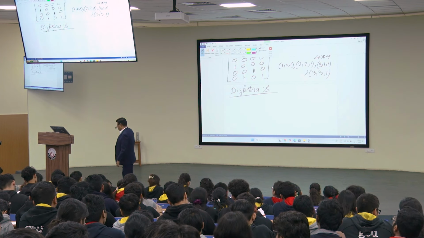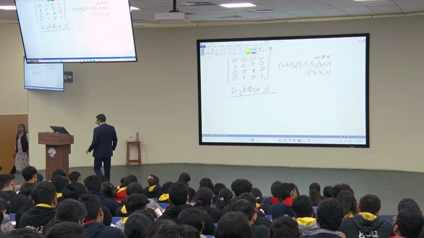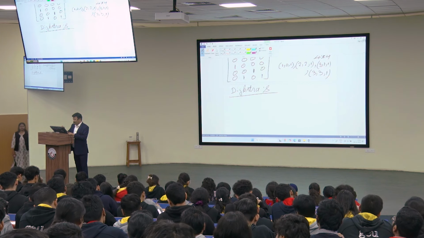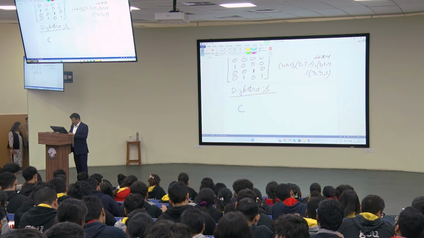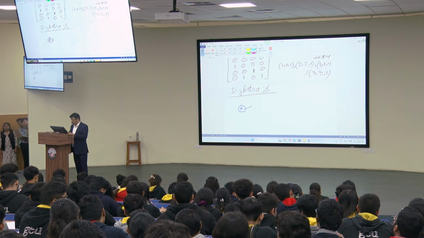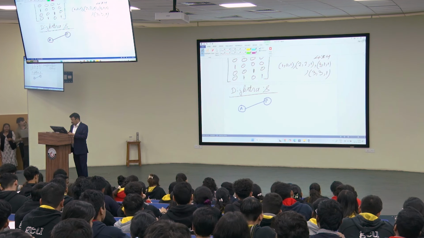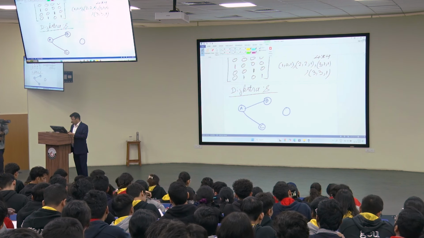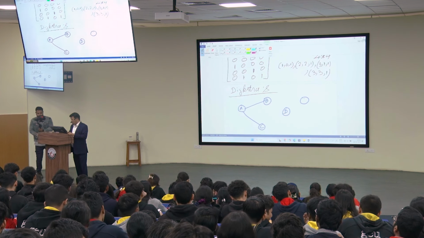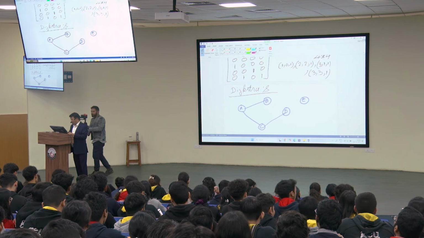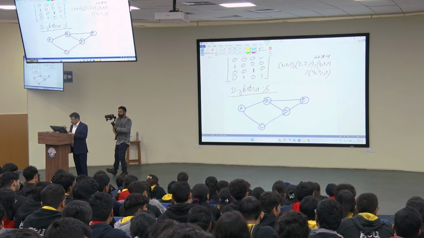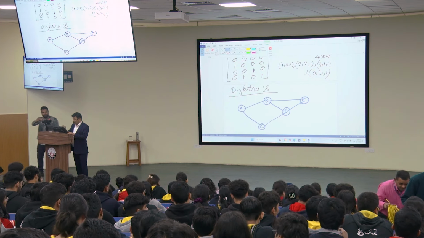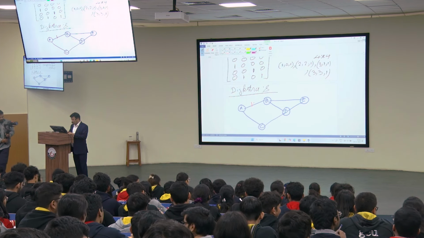Okay, so let us see how it works. Suppose a graph is given to us. This is a graph given to us, and this is a weighted graph, so these are the weights.